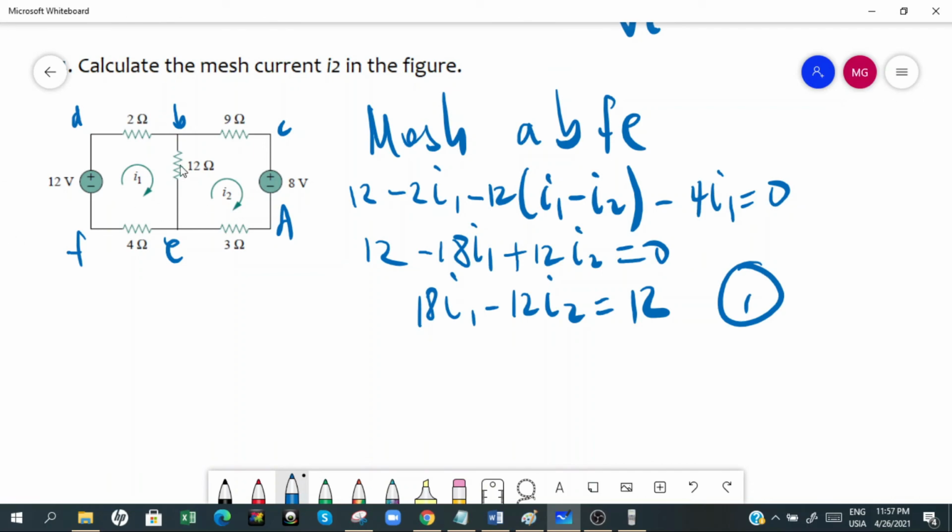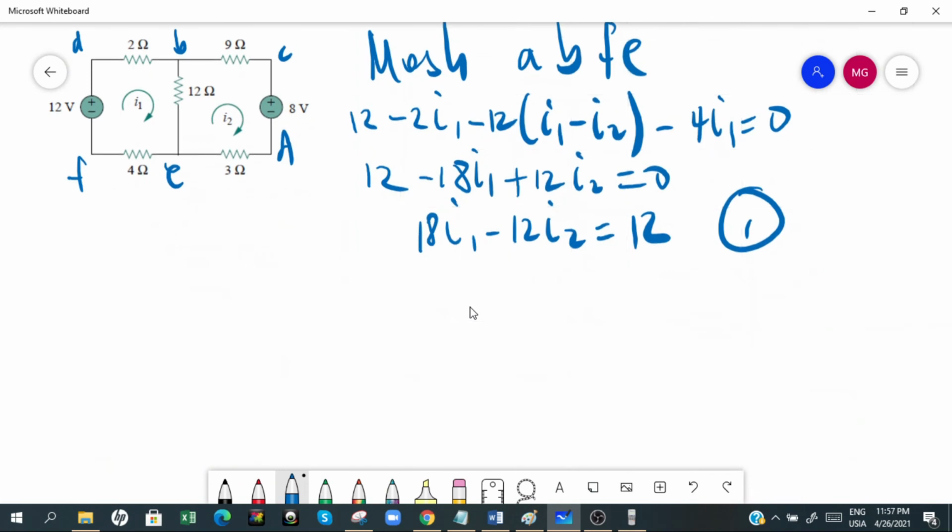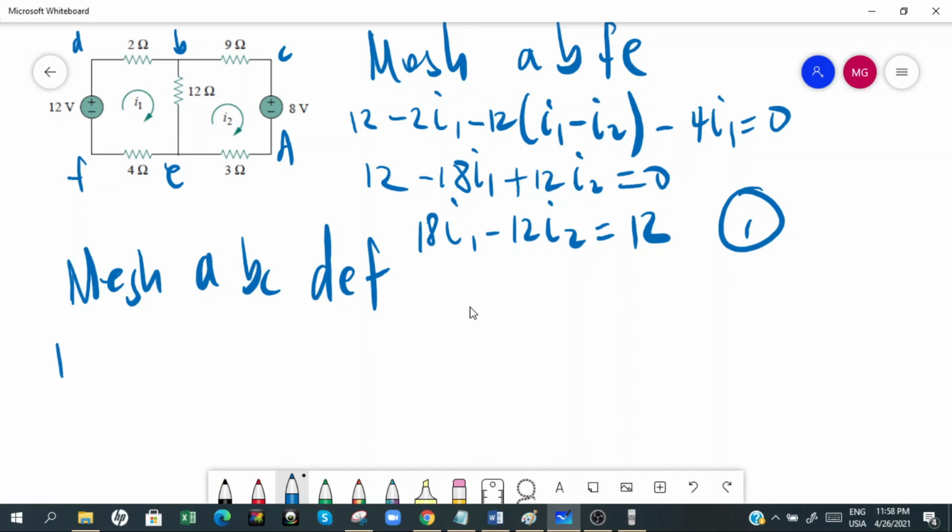Now you may choose between mesh A, B, C, D, E, F, or maybe B, C, A, E. Now for me, I will choose the big loop, mesh A, B, C, D, E, F. So here coming out is positive 12.